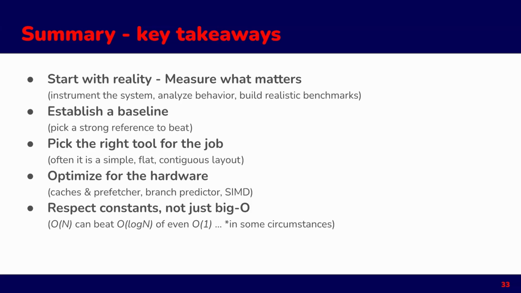And respect constants. For big N, it definitely makes sense to use asymptotics, but for very small maps, you can beat an O(1) algorithm with O(N) when it has very low constants. And choose for locality, design for hardware, and verify with data. Do a lot of benchmarking.